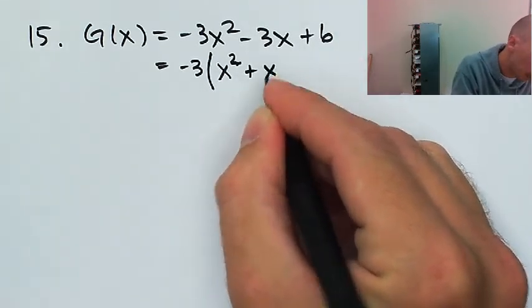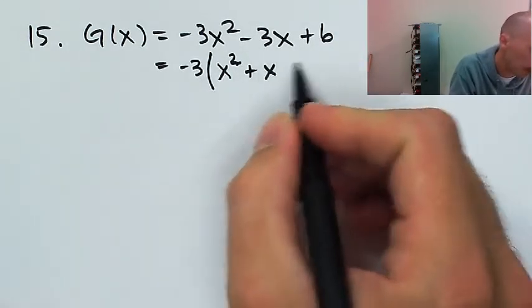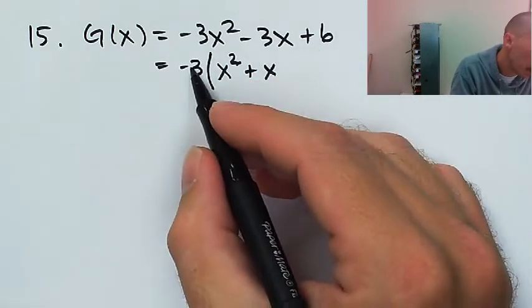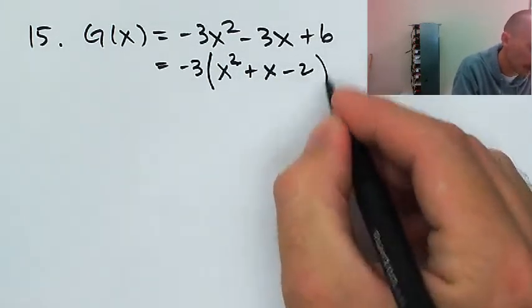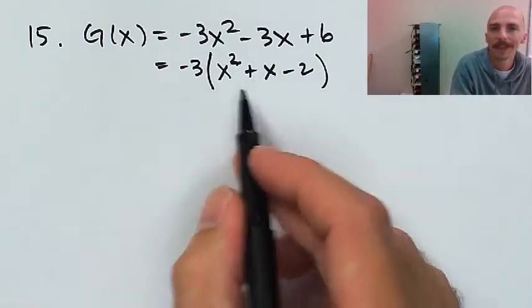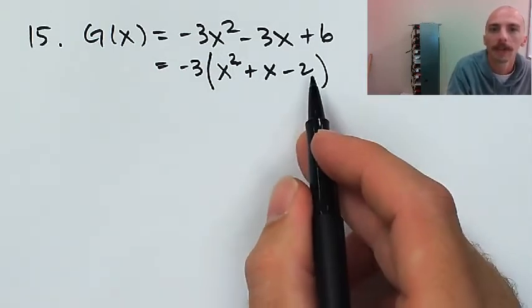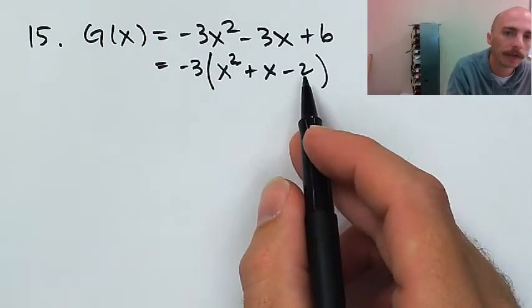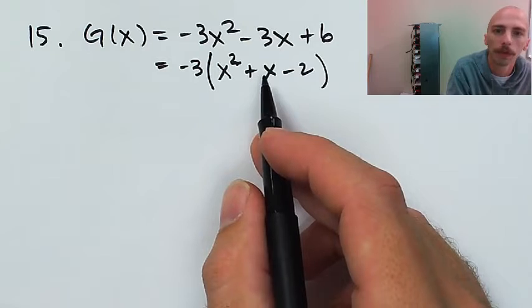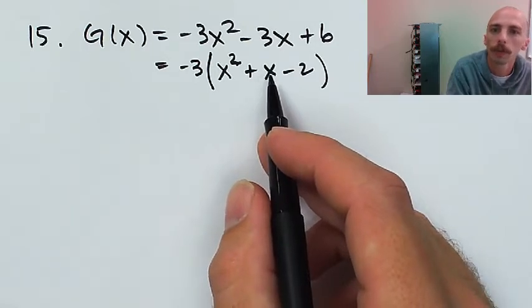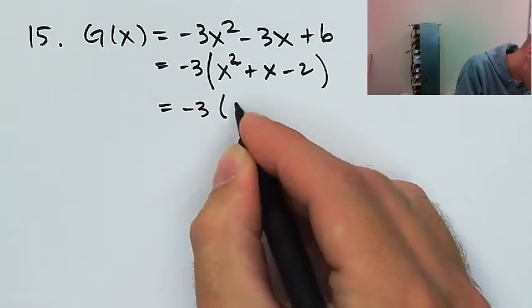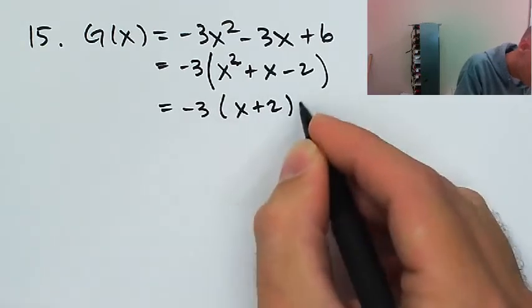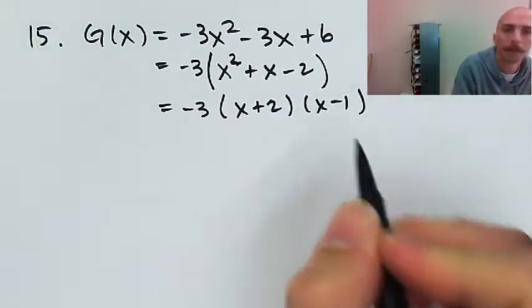I think just positive 1x. And then I would have to multiply negative 3 by negative 2 to get positive 6. And then this is something that I can factor. What are two numbers that multiply to negative 2 while adding to positive 1? That would be positive 2 and negative 1. So I'm going to say that this is negative 3 times x plus 2 times x minus 1.